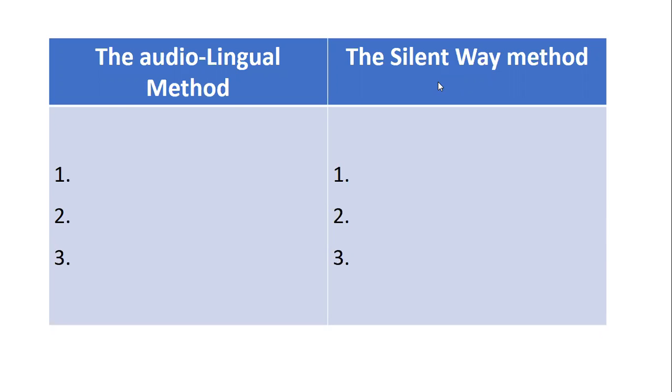Going to the silent way method, we must keep in mind that the most important word is monitoring. It is the other way around. The teacher is the passive person, and the student is the active one, because the student is going to build their knowledge. All right, perfect. Thank you, sir.